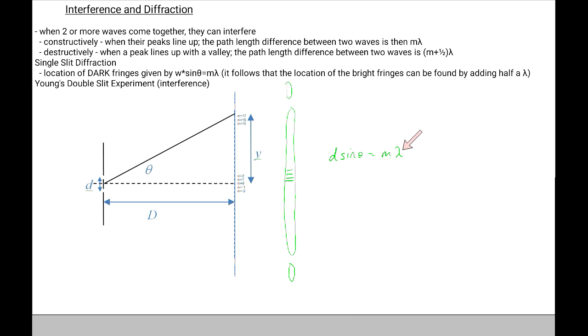So remember, with single slit diffraction, we used an equation that was very similar to this, but we predicted dark fringes. With the interference equation for Young's double slit experiment, we're predicting bright fringes using this equation. So of course, if you want to find dark fringes, then you add half a wavelength.